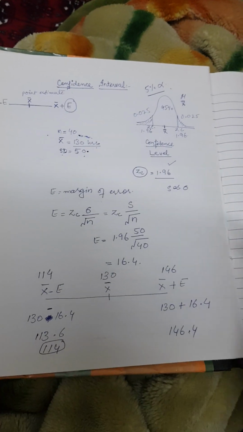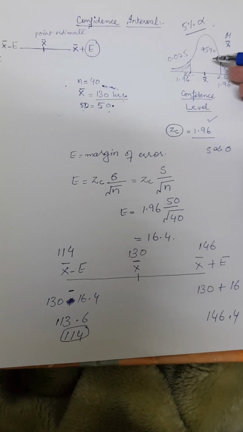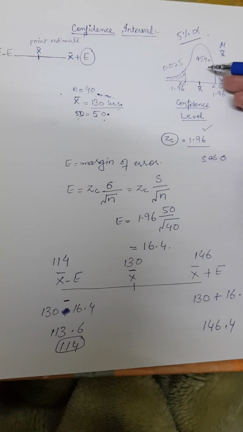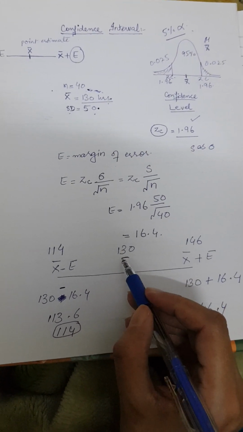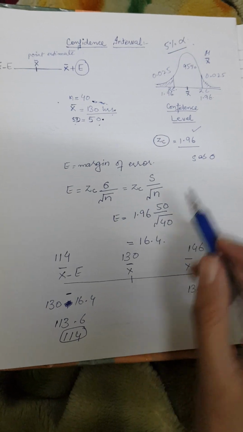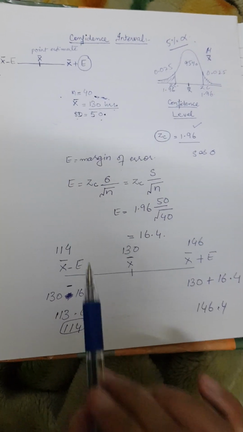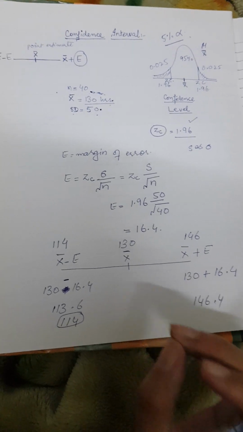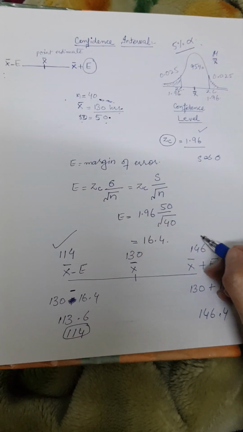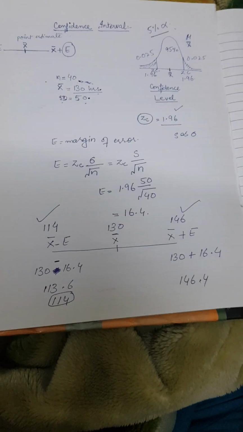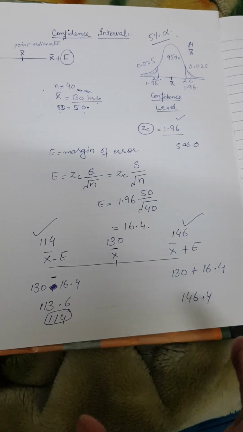Now at the 95% confidence level, we can say that for a sample mean value of 130, our population mean, which is mu, is definitely falling between these two values, 114 and 146. Now this is how we calculate the confidence interval.